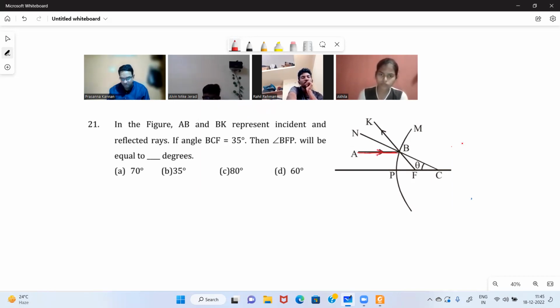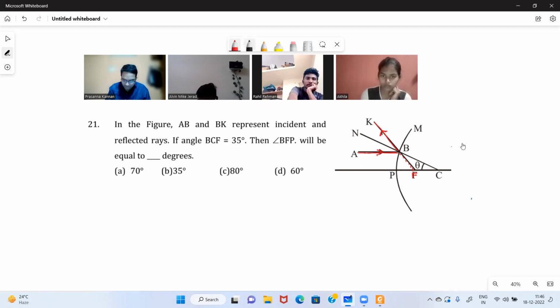That means after reflection, it will go like this, and it will appear to come from which point? Focus, correct?